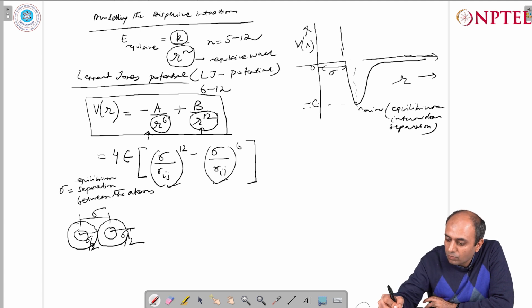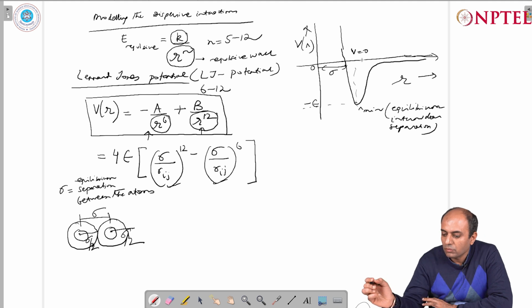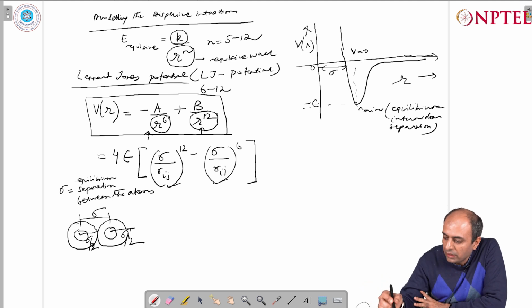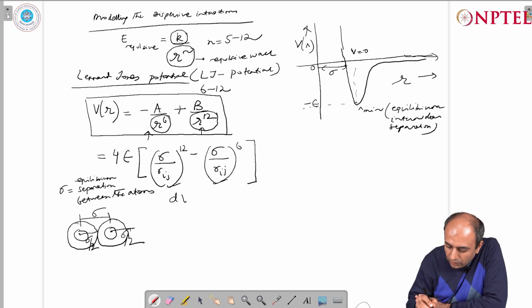So V is equal to 0. We can now determine the value of R min by taking the first derivative of V with respect to r and putting it equal to 0. The first derivative of V with r is also a measure of the force acting on the system.